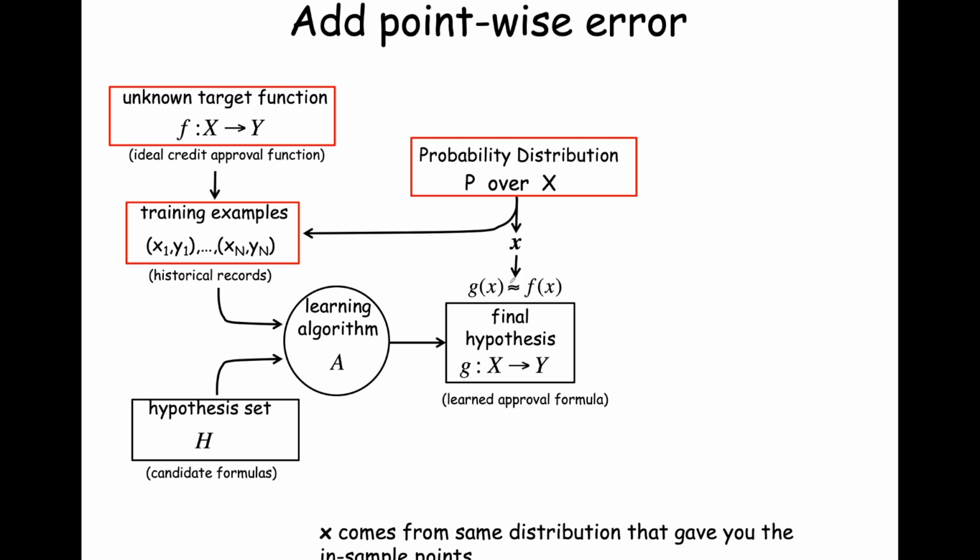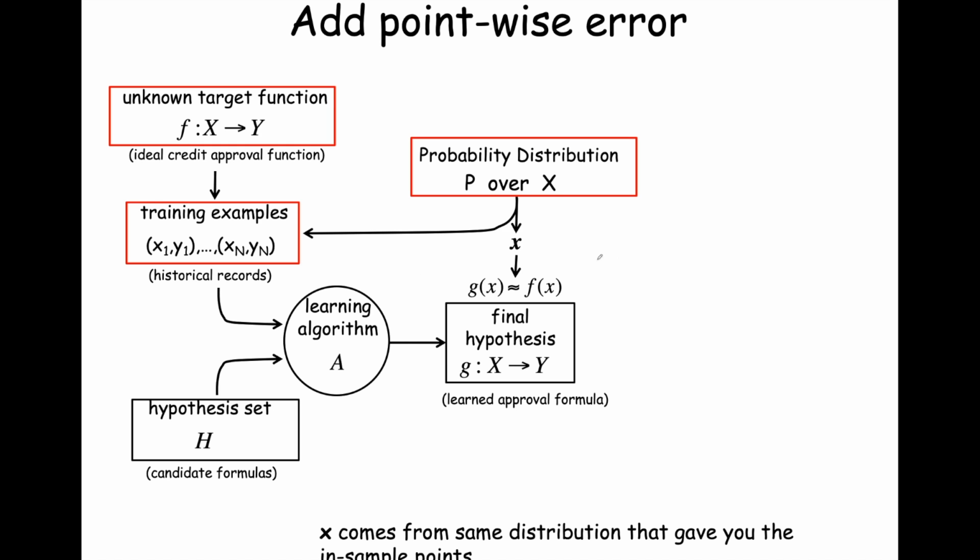Because at the end of the day, what you're after is a final best hypothesis that performs well out of sample on new data points. But you're using those examples that you do have, training examples from the same probability distribution, in order to find a suitable g(x), one that strikes the right balance as prescribed by the union bound on Hoeffding's inequality.